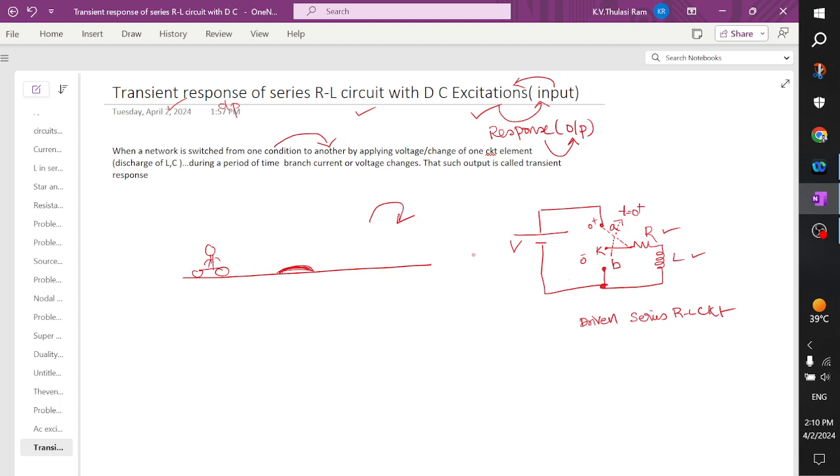When you get a speed breaker, you suddenly apply the brake and your position changes.